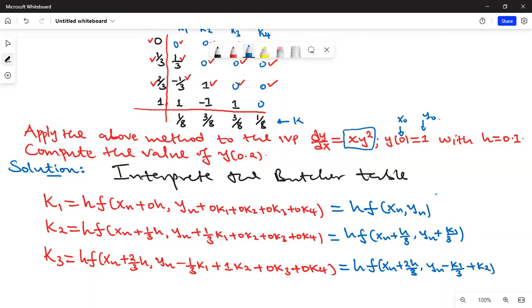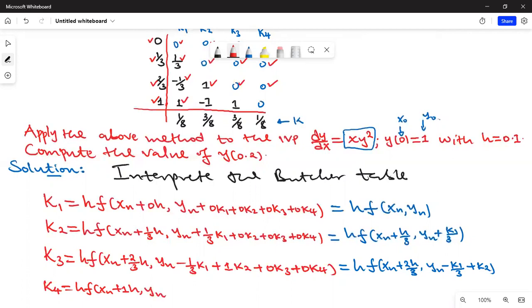The next is k4. K4 is equal to h f of xn. What are we adding? It is 1h, comma, yn.